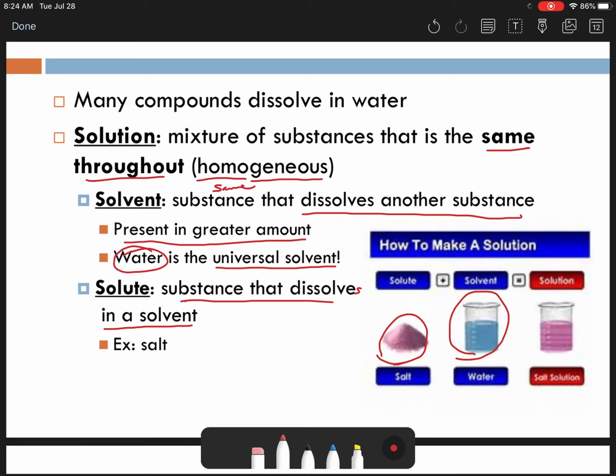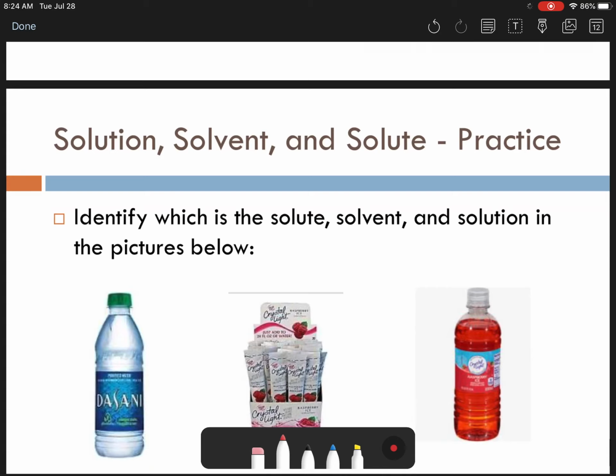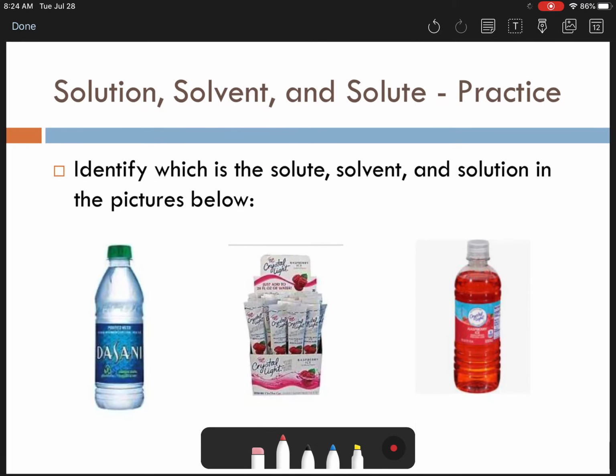We're going to mix it into the solvent, which is the water. And so what you end up with at the end is what we call a salt solution. Okay? That makes sense. So solution is the whole mixture together. Solvent is the substance doing the dissolving, like water. And the solute is the part that actually dissolves.